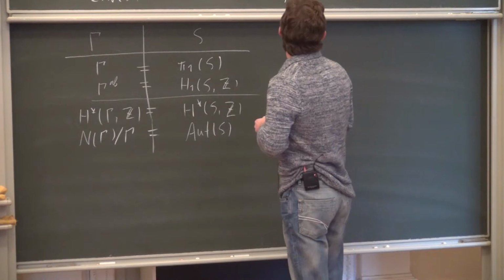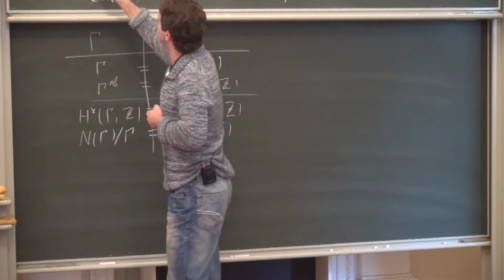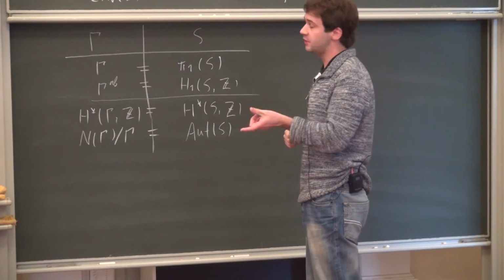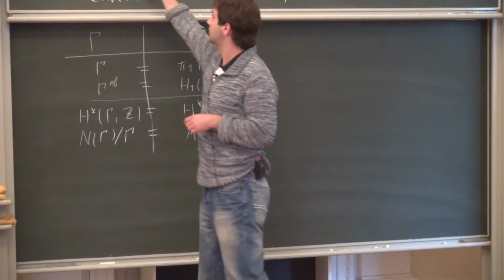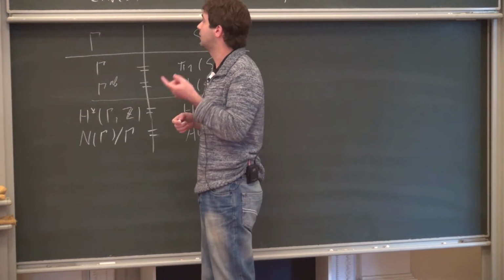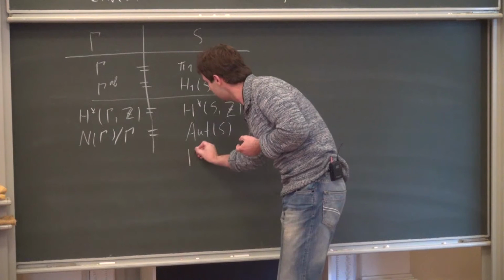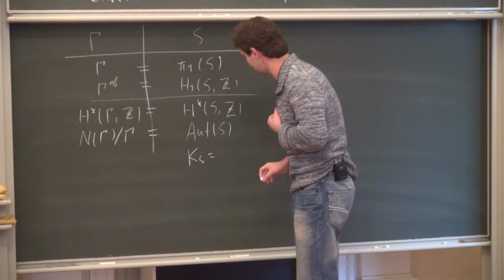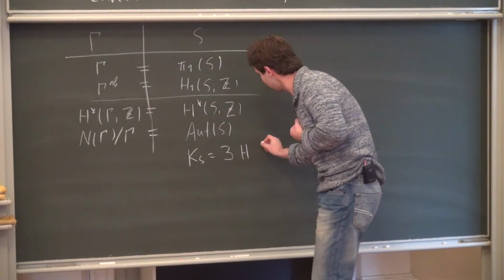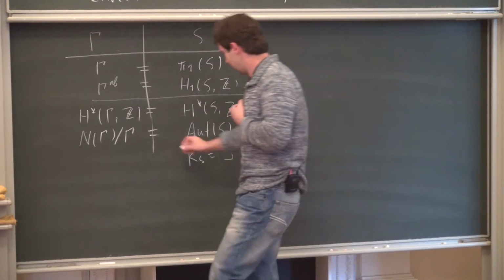Right. Okay, so now finally the last thing I want to say is let's look at this one. Let's ask what is the index. Is Ks divisible by something or not? Since it's 9, if Ks is divisible by r, then r must be 3 or 1. So we can ask whether Ks is 3H for some H. Can it be anything else than 3 because it's 9?